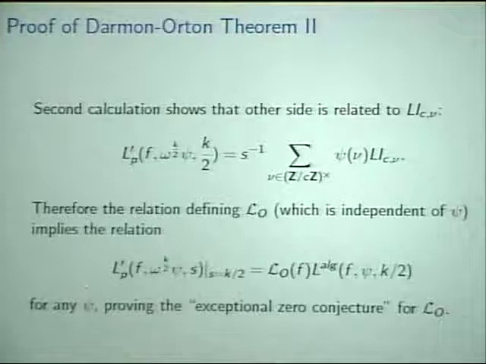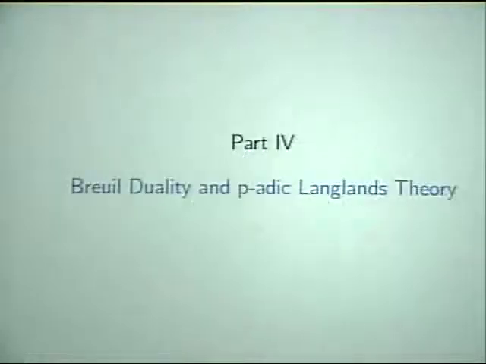Okay, so I think this is a good place to stop. I'll pick up on Wednesday with revisiting these topics from Breuil's point of view. I said that Breuil has his own construction of the L invariant. In a certain sense, that's not fair.